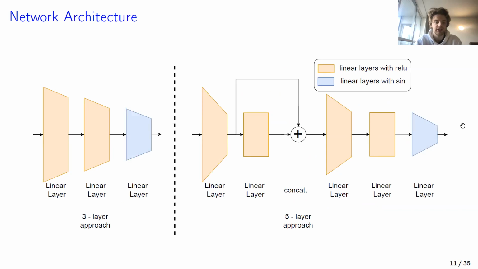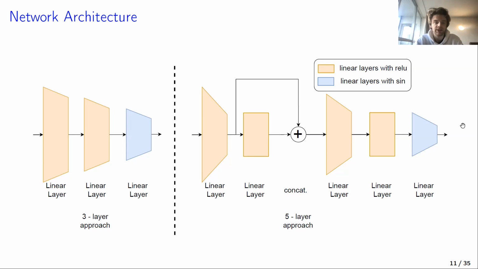So we use in our experiments 2 different setups, a small one and a big one. On the left-hand side, we can see the small setup, which is a simple 3-layer neural network with 3 linear layers. And on the last layer, we use the sign activation function instead of a ReLU activation function, because this will enable us to also have positive and negative coupling weights or annealing weights.